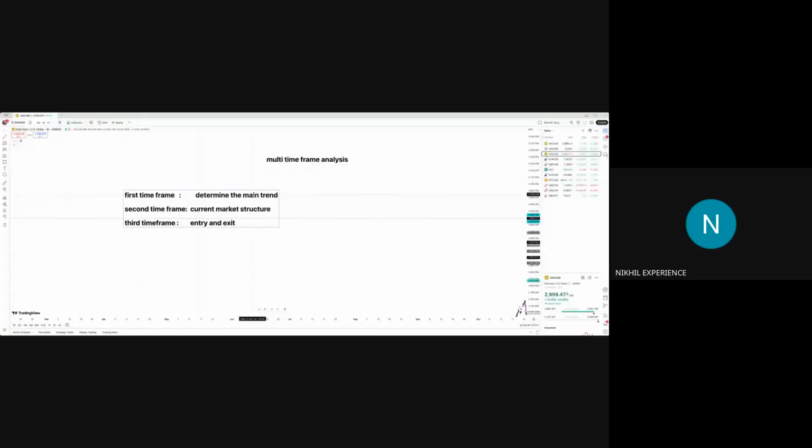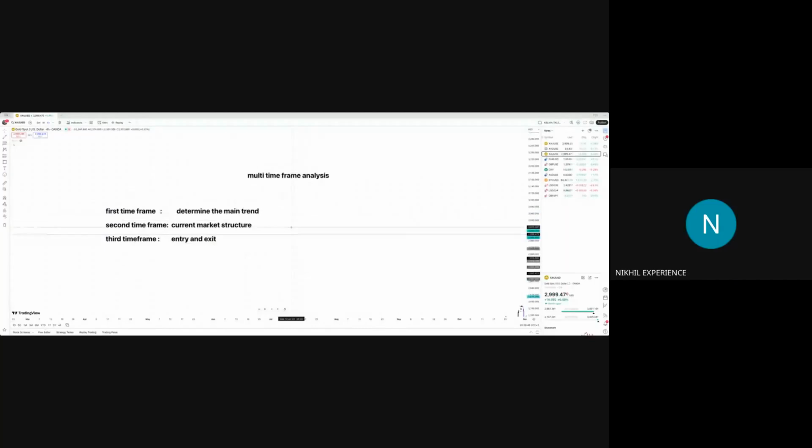Now, when I say determine the main trend, this should be a particular time frame where you just open the chart and boom, without anybody telling you, you see: this pair is in an uptrend. Simple.